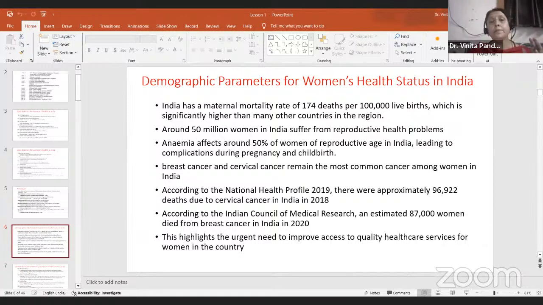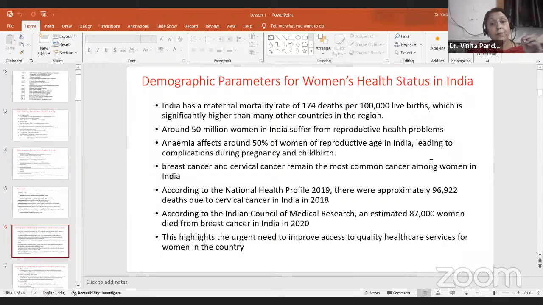Dear friends, you all might have heard about the Human Development Index. And in that ranking, India is not at a very good standing. So even in those kinds of rankings, maternal mortality rate, infant mortality rate, life expectancy at birth, these kinds of parameters are included in the calculation of HDI.